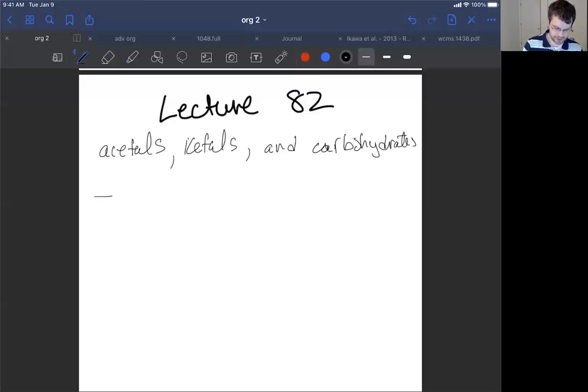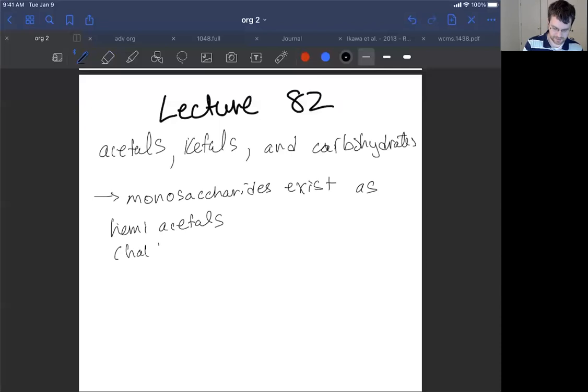So the first thing I want to mention is that monosaccharides, or single sugars, to keep things simple, exist as hemiacetals. Hemiacetals, which are half acetals.